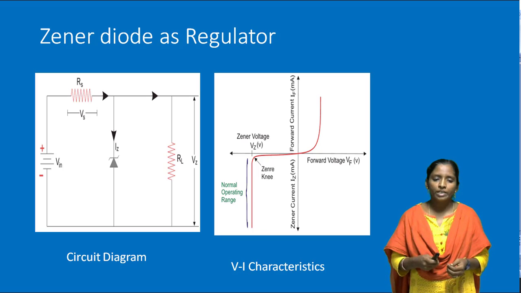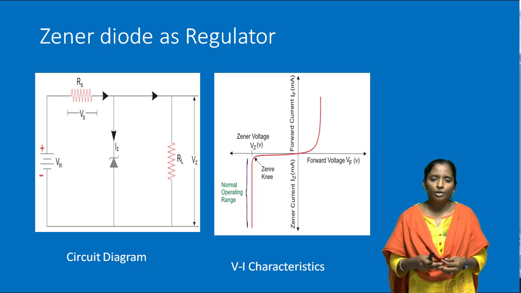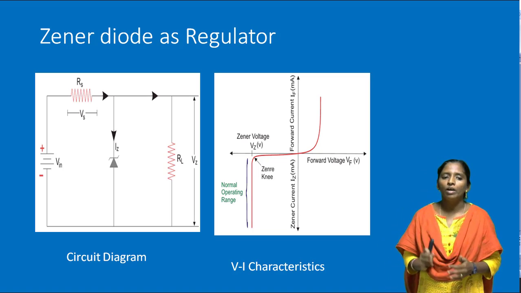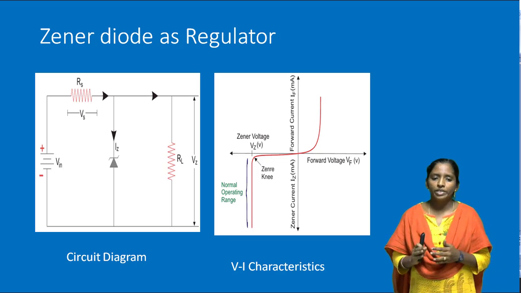By this connection we provide reverse bias to the Zener diode. And we connect a load resistor RL across the Zener diode. Across the load resistor we take the output voltage, represented by Vz.